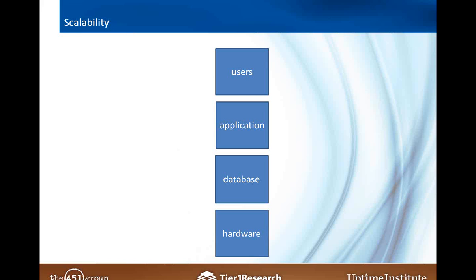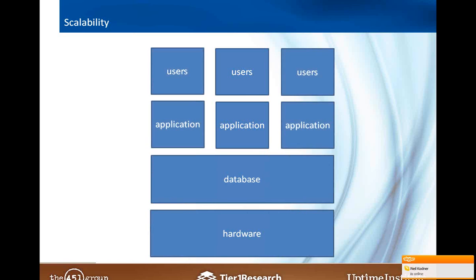Traditionally, if an organization was faced with an increased number of users, perhaps an increased number of applications on a system, the answer was simply to apply larger hardware to that, go for a bigger server, and expand the size of the database proportionally.